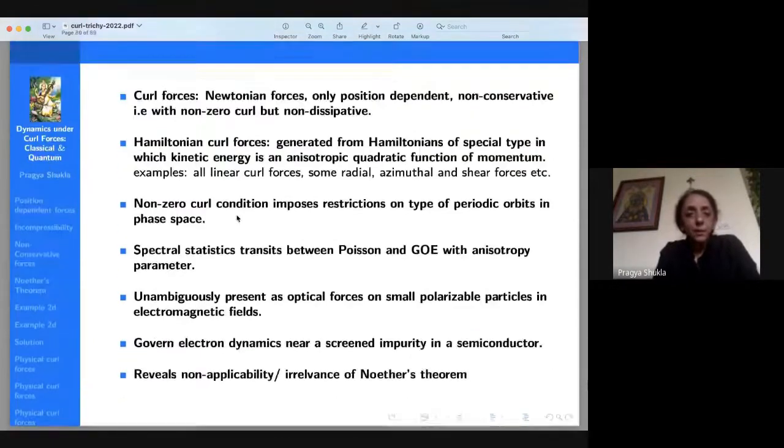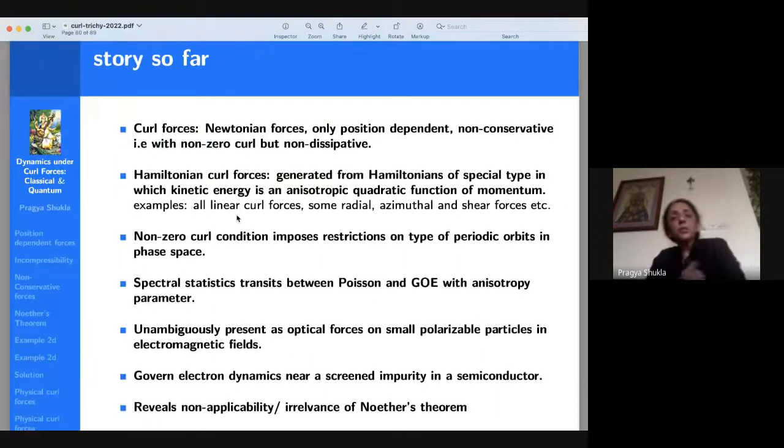Okay. So curl forces: Newtonian forces only position dependent, non-conservative with non-zero curl but non-dissipative. Hamiltonian curl forces generated from Hamiltonian of special type in which kinetic energy is an anisotropic quadratic function of momentum. Non-zero curl condition imposes restriction on type of periodic orbits in phase space.